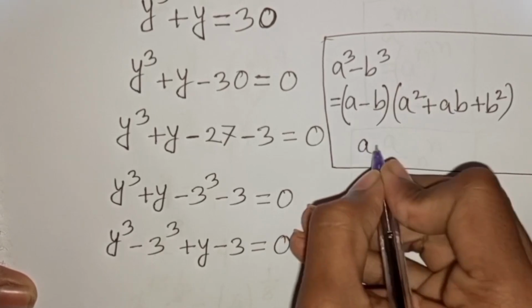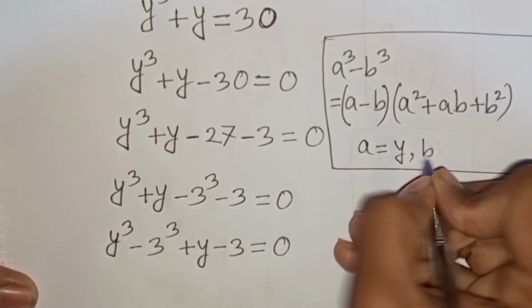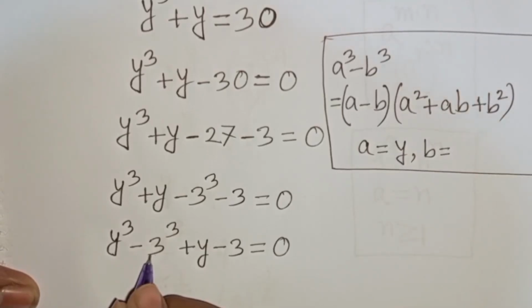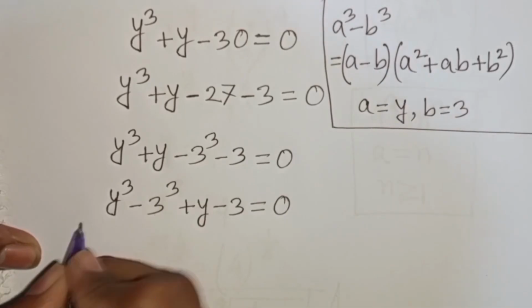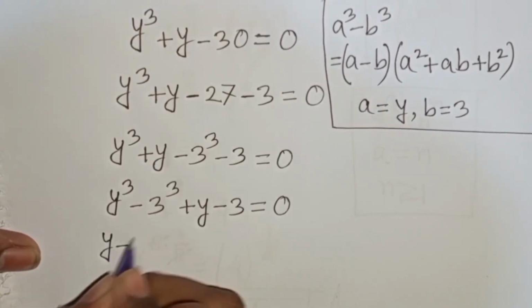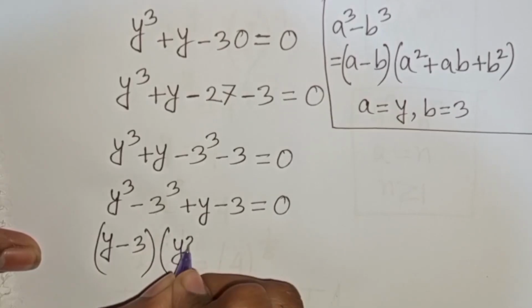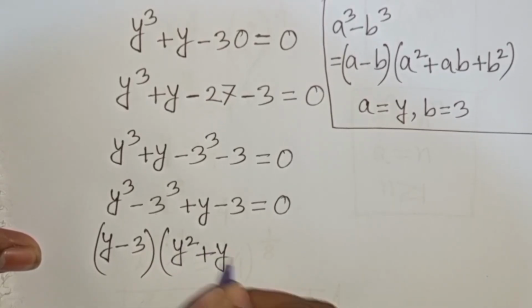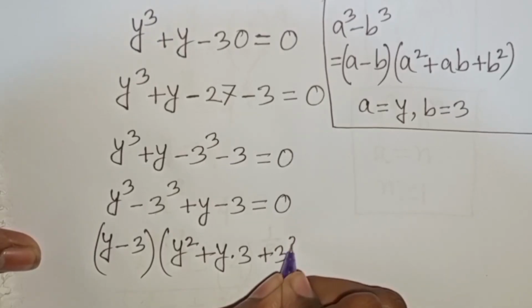Here a will be equal to y, b will be equal to 3. So I can write (y minus 3) times (y^2 + y times 3 + 3^2).